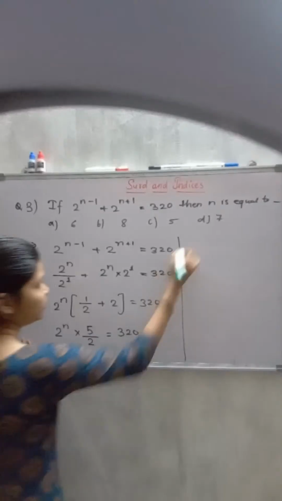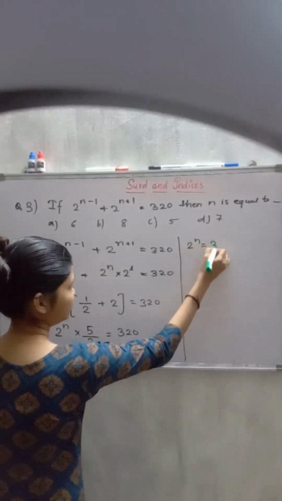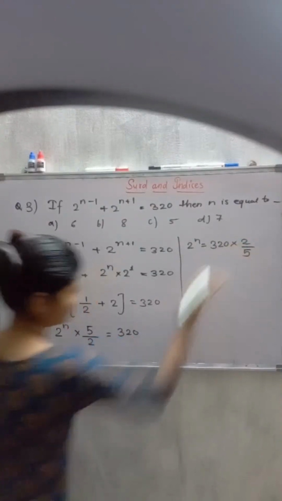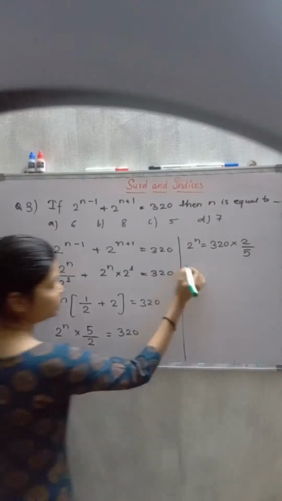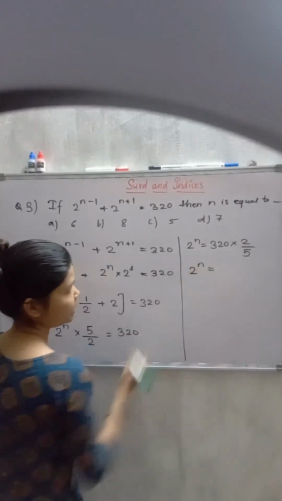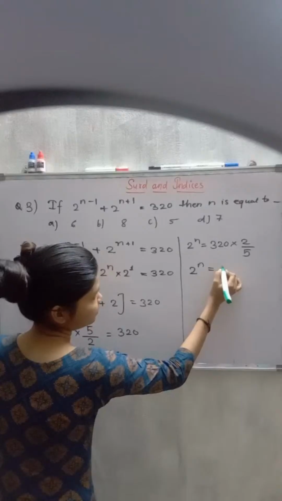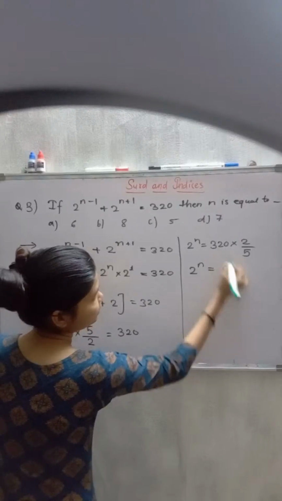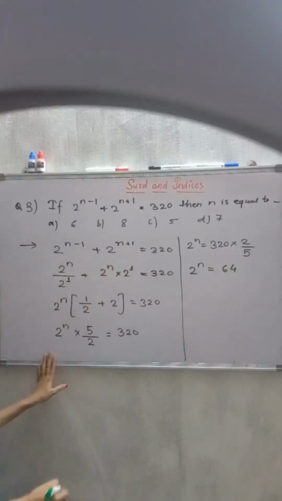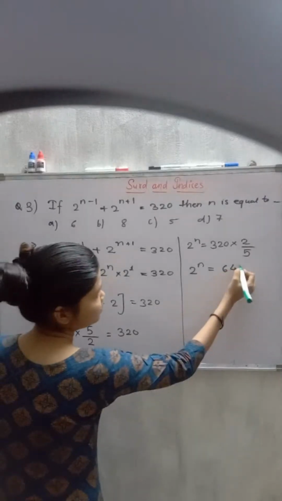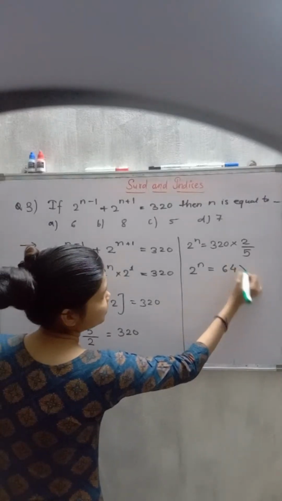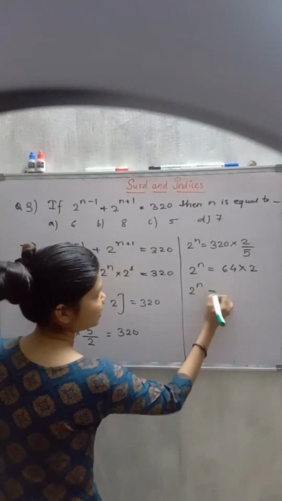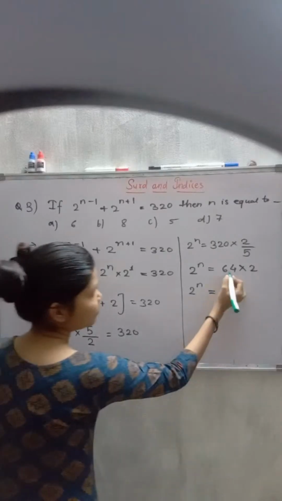Now 2 raised to n equal to 320 into 2 by 5. This implies 2 raised to n equals 64.